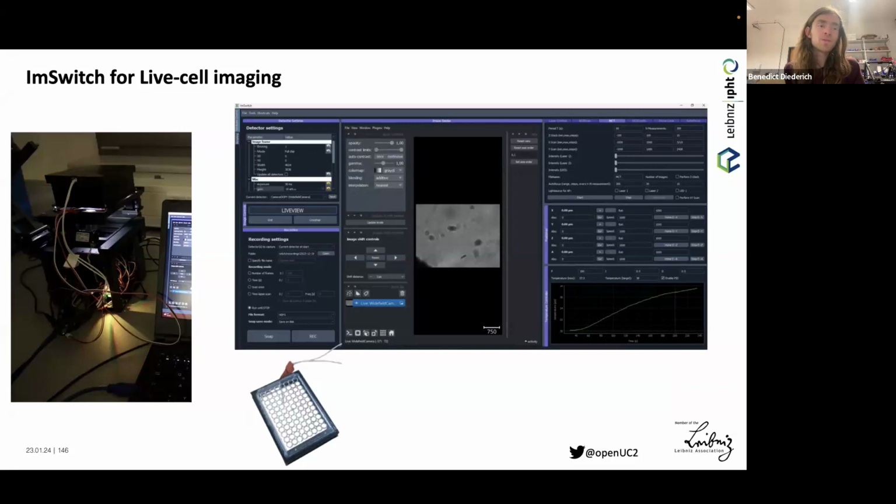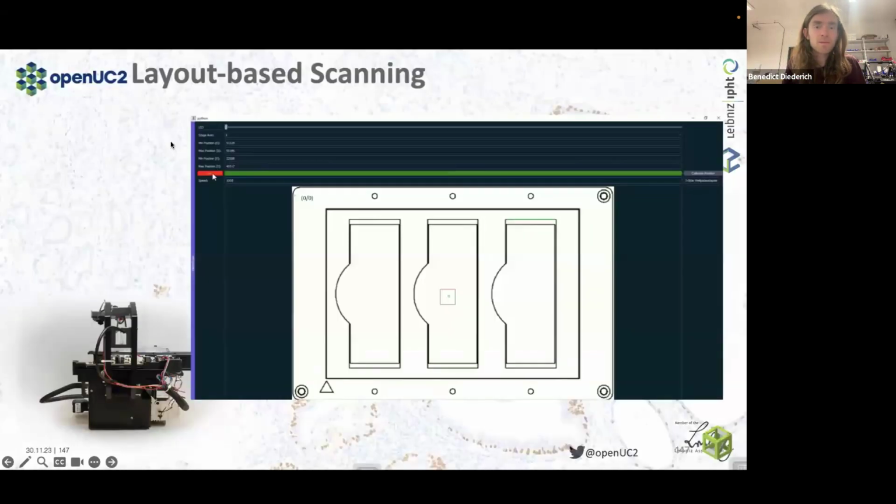To make sure that all these components are well orchestrated, we also use an open source software called ImSwitch, which we now co-develop. It's all based on Python, so you can automate your experiments relatively easily. Just in case you're curious where to start with using all these components.